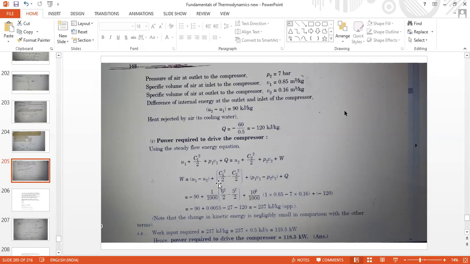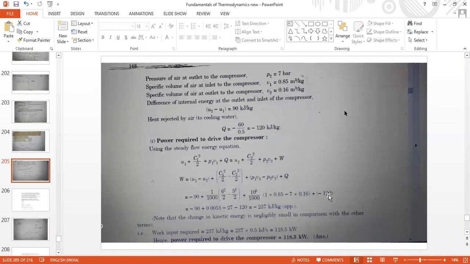Pressure in bar is converted into Newton per meter square. 1 bar equals 10 power 5 Newton per meter square, and this is again divided by 1000 to make it kilonewton, and the combined P1 V1 now has the unit of kilojoule per kg.